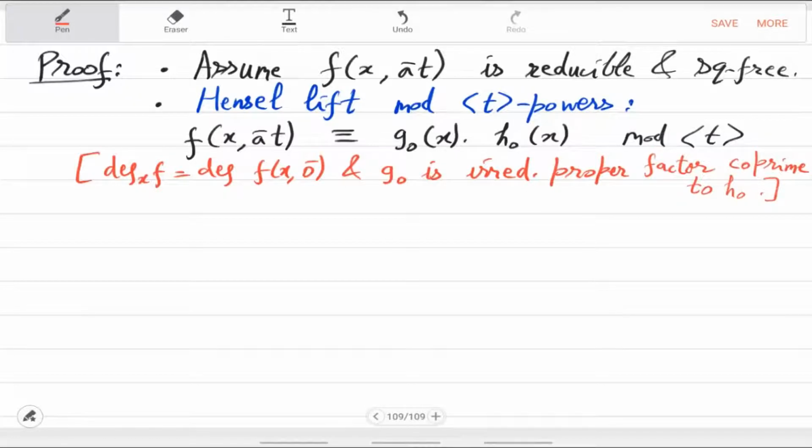Right, that's the starting point of the Hensel lifting number 1.